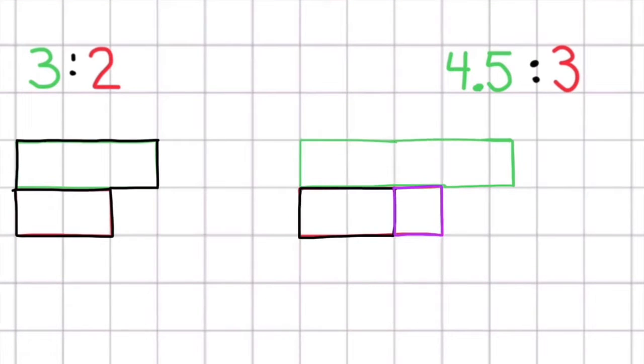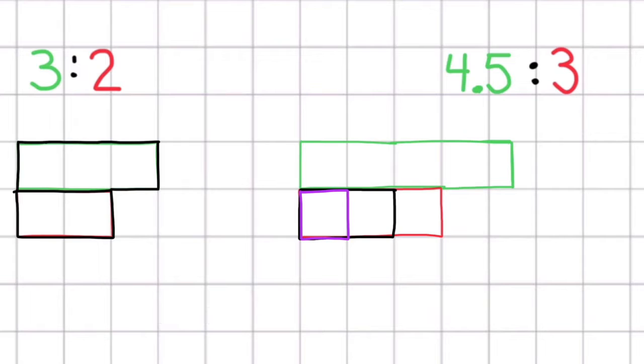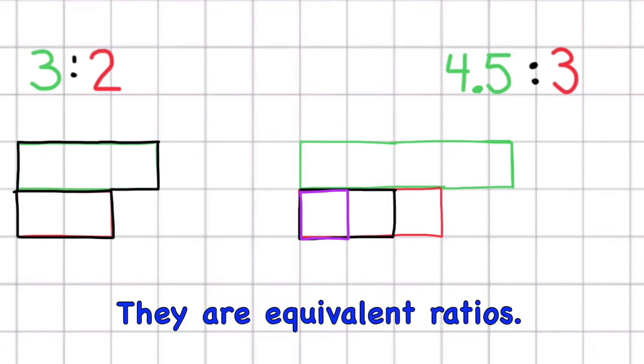This illustration also shows that 3 is 3/2, or 1 1/2 times larger than 2. Since 3 times 1 1/2 equals 4 5/10, and 2 times 1 1/2 equals 3, they are equivalent ratios.